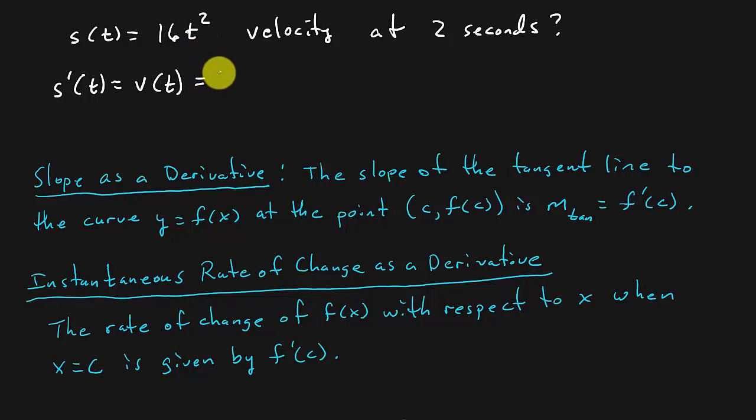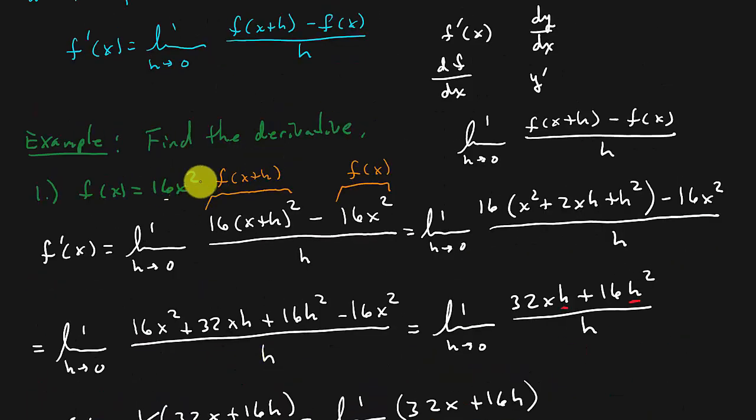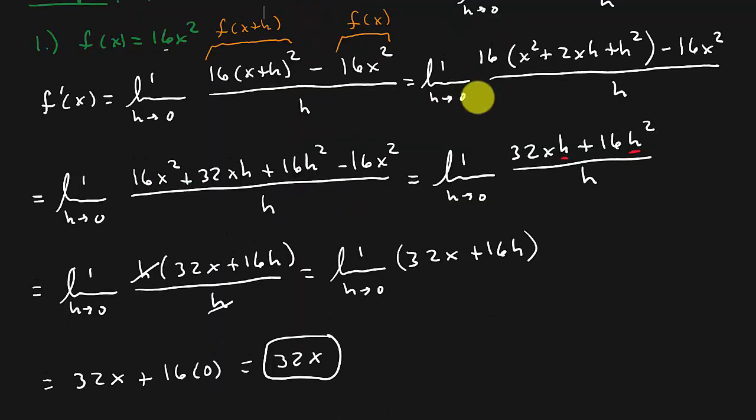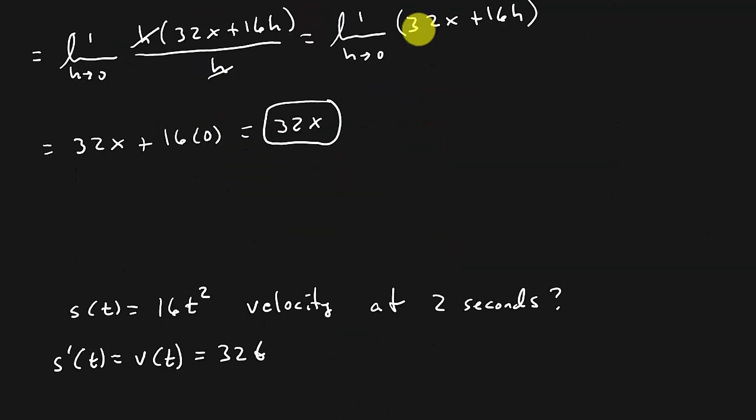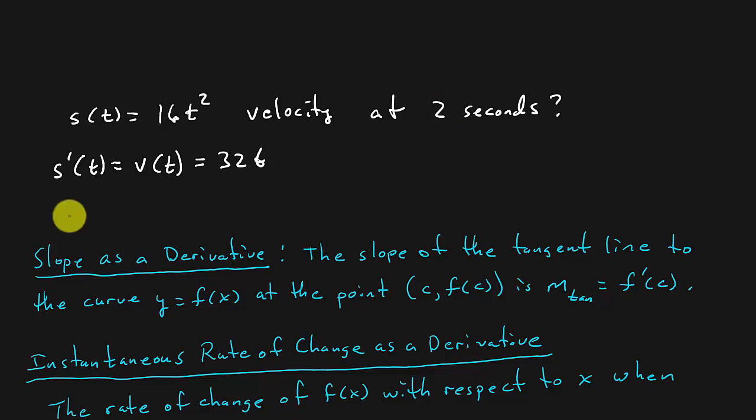The derivative is 32t. How do we know that? You see the 16t squared; we found the derivative up here. You would need to go through all of this to find it, but we already did it, so we're not going to do it again. So the instantaneous velocity at 2 seconds is 32 times 2, which is 64.